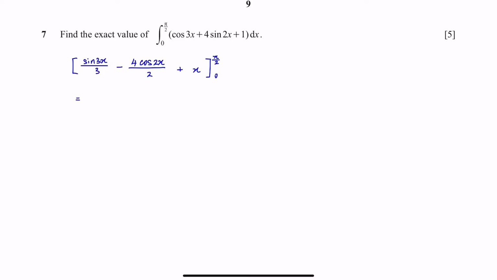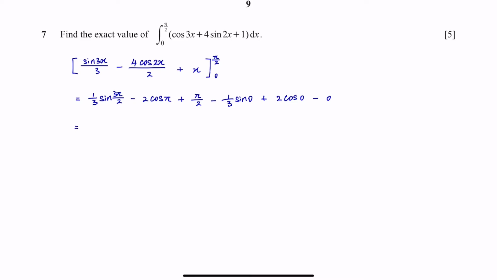and now we sub the values in. So we have 1 over 3 sine 3 pi over 2 minus 2 cos pi plus pi over 2 minus 1 over 3 sine 0 plus 2 cos 0 minus 0.